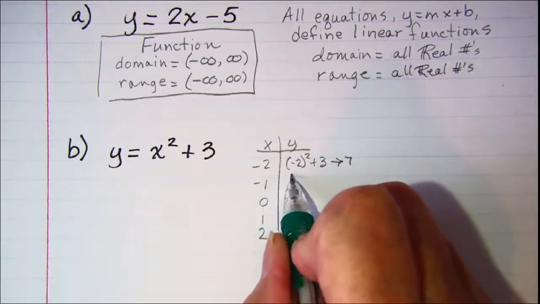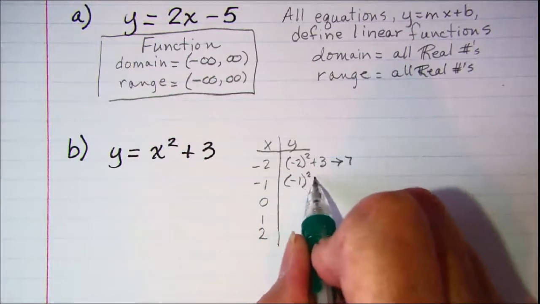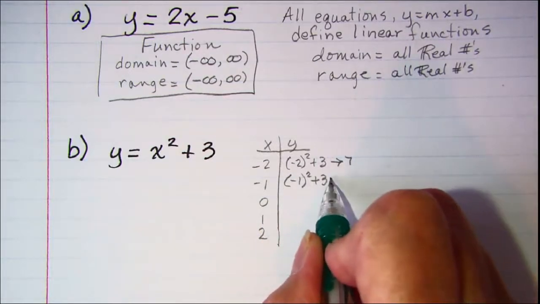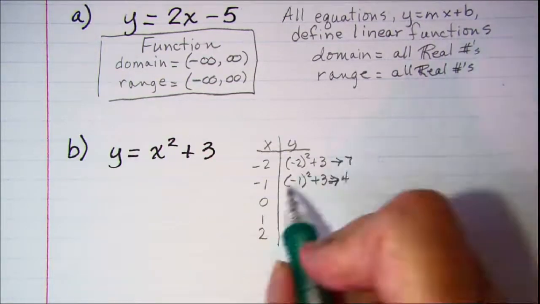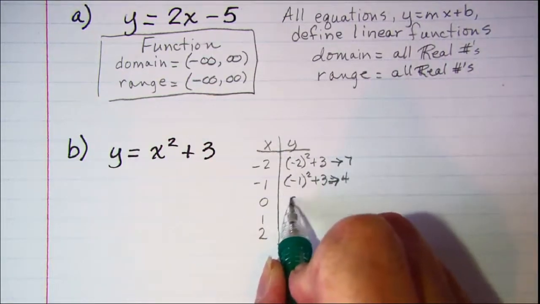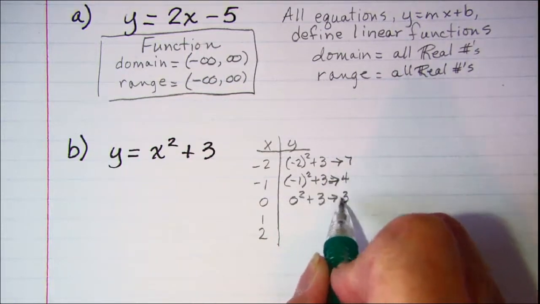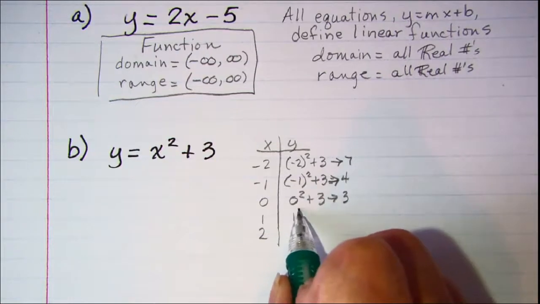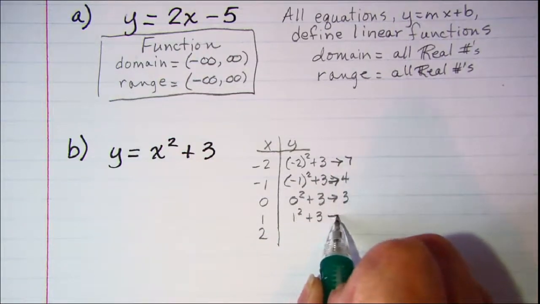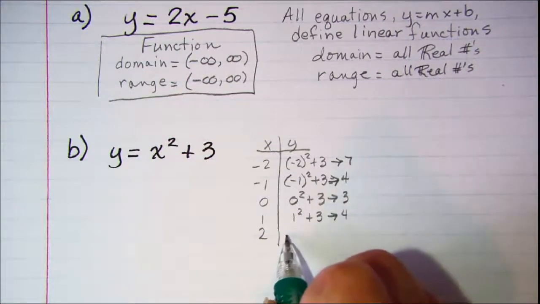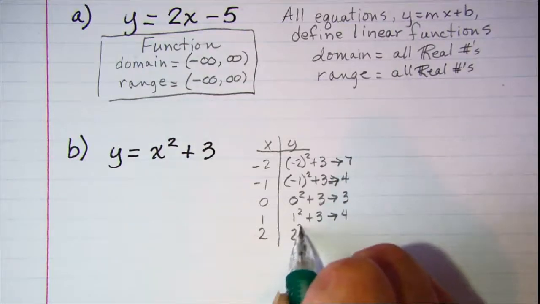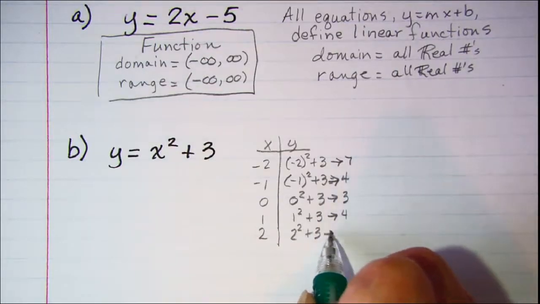When x is negative 1, we have negative 1 squared plus 3, which is 4. When x is 0, we have 0 squared plus 3, which is 3. When x is 1, 1 squared plus 3, which is 4. And when x is 2, 2 squared plus 3, which is 7.